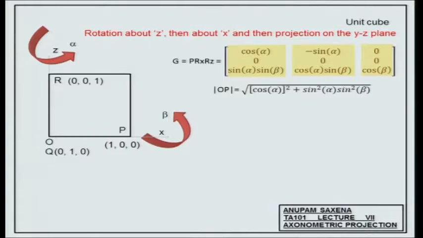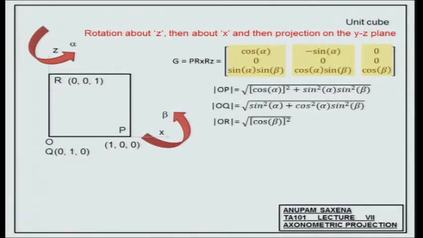Okay? All right? New length of OQ, square this up, square this up. And new length of OR. Enough of math? A little more.